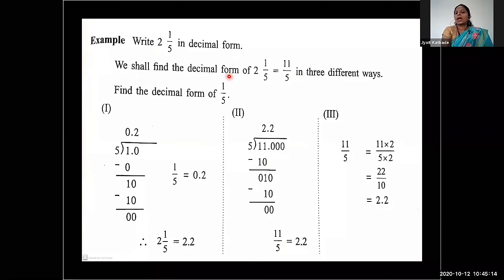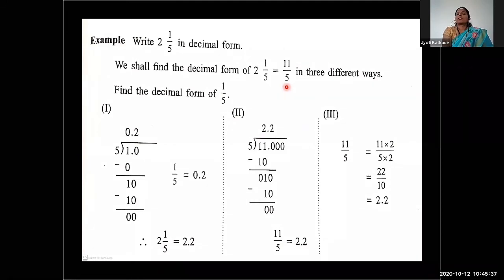For example, write 2 1/5 in decimal form. We shall find the decimal form of 2 1/5 in 3 different ways. First of all, convert it into an improper fraction, that is 5 times 2 is 10, plus 1 is equal to 11 divided by 5.